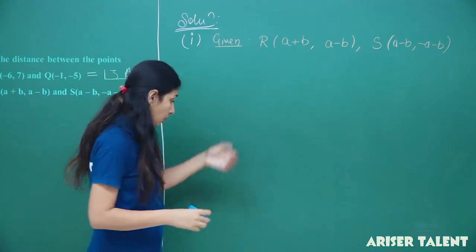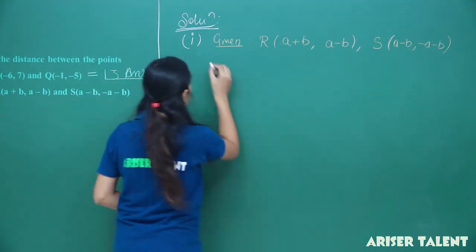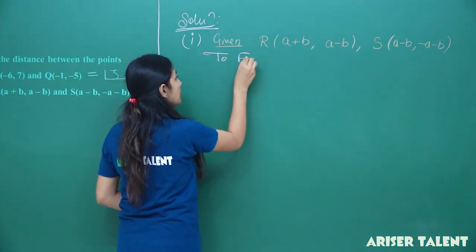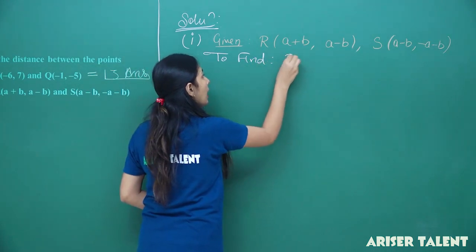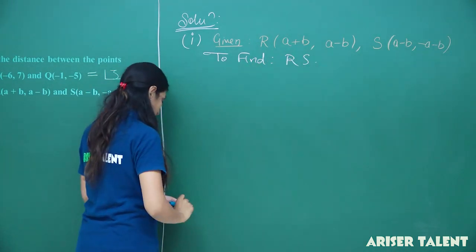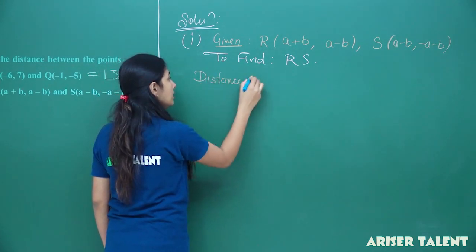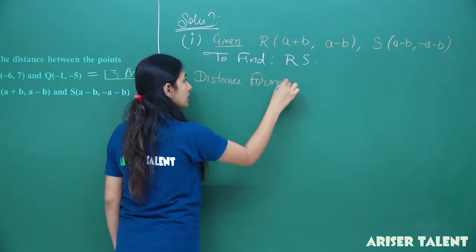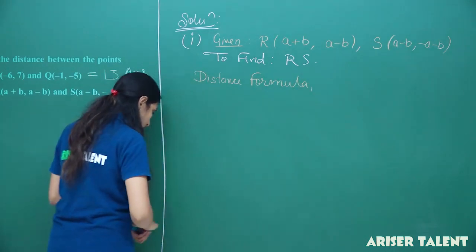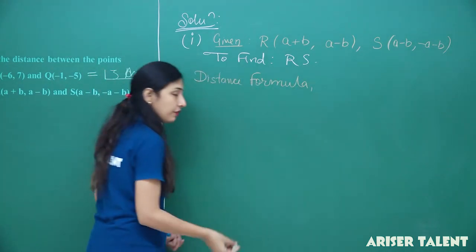Now what do we have to find? We have to find RS. So distance formula. We know the distance formula. What is the distance formula, student? We have to write it again.